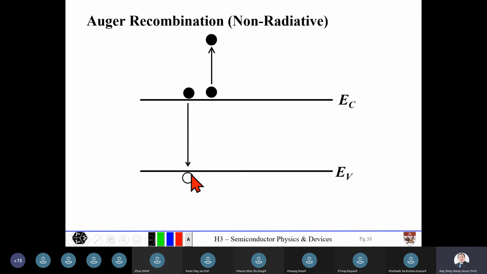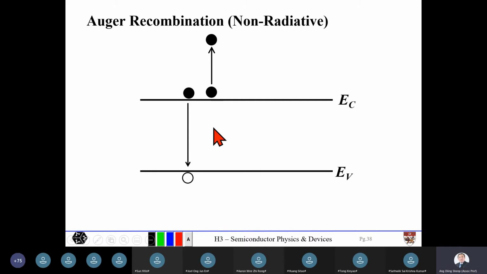It happens like this. When the electron and hole recombine, the excess energy must be conserved. So in Auger recombination, the excess energy is passed to the second electron, exciting it deeper into the conduction band. In other words, this second electron becomes more energetic because it received the excess energy from this recombination event. This electron eventually will lose the excess energy through thermalization.